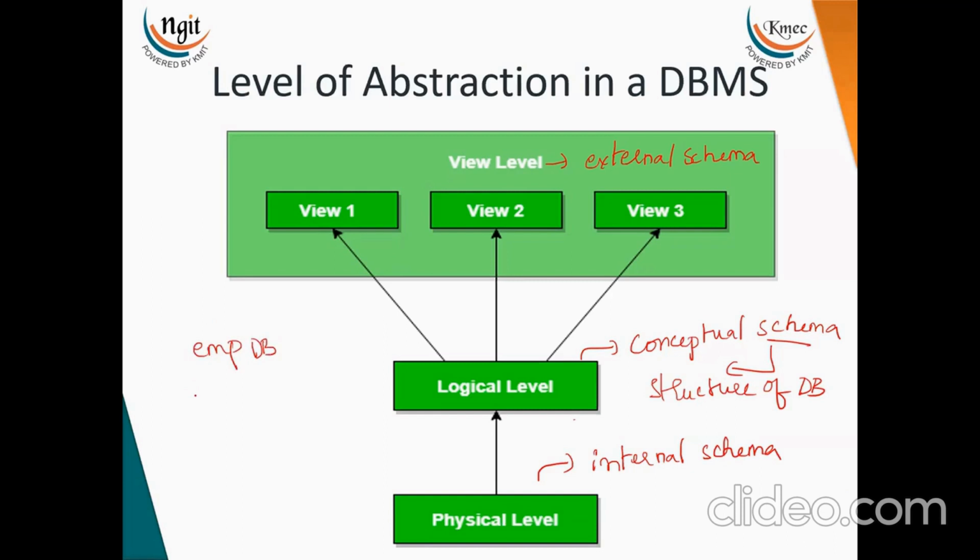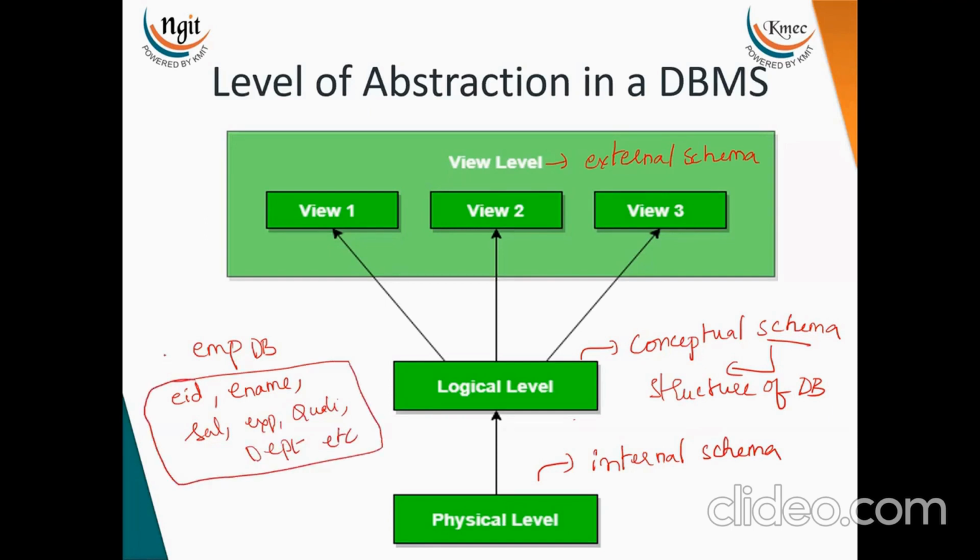It can include data such as employee ID, employee name, salary, experience, qualification, into which department the employee is working, etc. So these are the essential details of the employee present in the database. So simply the schema defines the structure of the database.